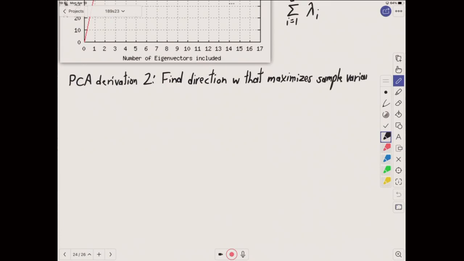You can think of PCA as looking for the direction that maximizes the sample variance of the projected data. In other words, when we project the data down, we don't want it to all bunch up. We want it to be as spread out as possible.